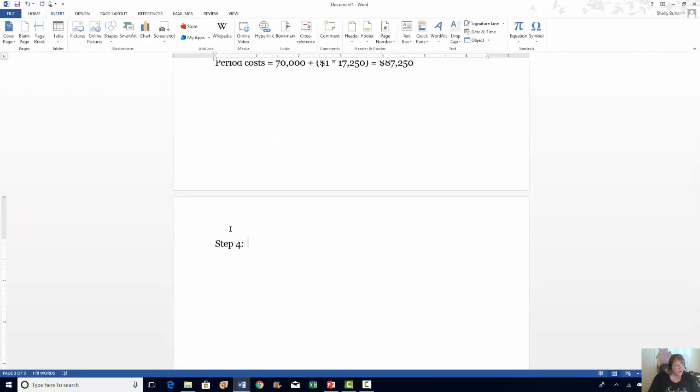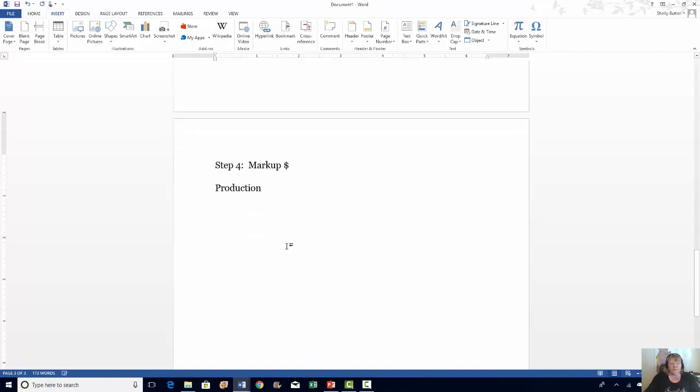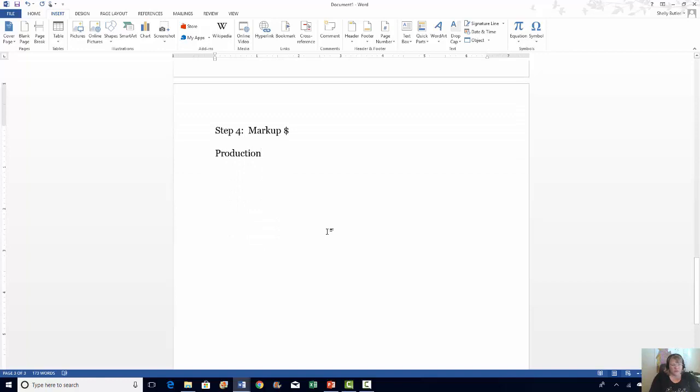Step 4 is the markup in dollars. The markup in dollars. So you've got your production cost per unit multiplied by the percentage. Oh, I'll move this up so you can see it.